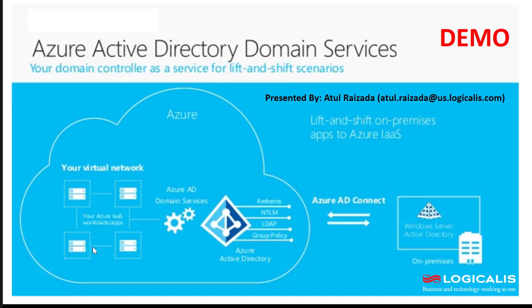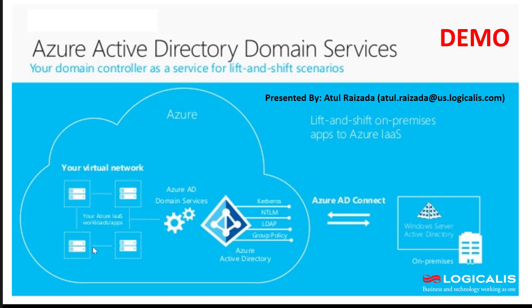Now, the key point that I want to emphasize here is that only the VMs running in that VNet in Azure can be joined to Azure Active Directory Domain Services. That does mean that it is not a replacement for your on-prem Active Directory, right? I just want to make this explicitly clear here, because this is where people are getting confused. You say, hey, now we have an Active Directory running in Azure, which we can use to replace our on-prem Active Directory.